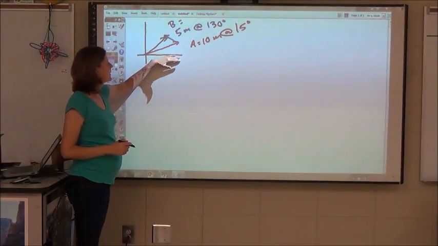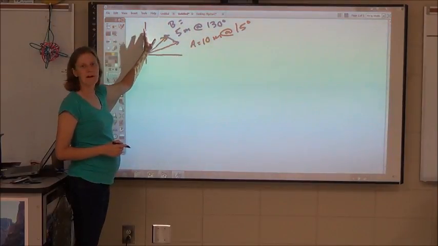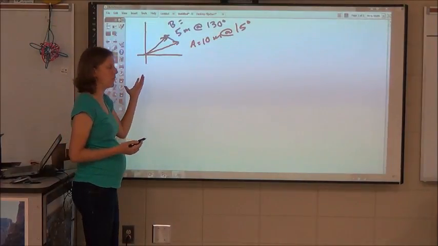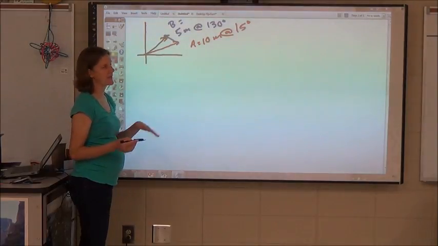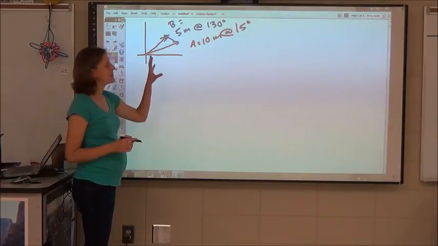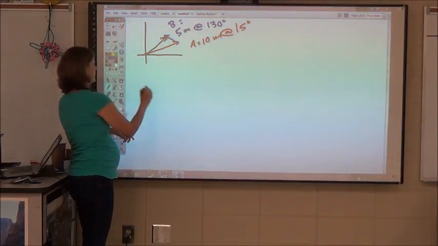So, in my mind, I'm expecting an answer in the ballpark of 10 maybe, but definitely between 0 and 90 degrees. If I get something more than 90, I know I'm wrong, or most likely wrong based off my sketch. All right, so I want to add these mathematically. Just draw one vector by itself at a time.